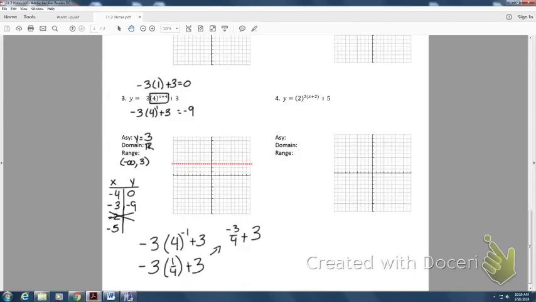What is 3 minus 0.75? 2.25. Okay, so there's 2.25. Now I've got negative 4, 0. Now I've got negative 3, negative 9. And now you can see that whenever you have that a value, it's going to drastically get off the graph.